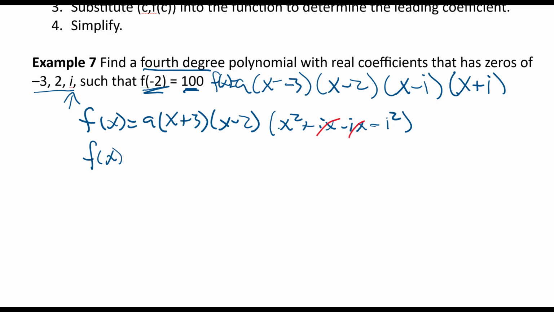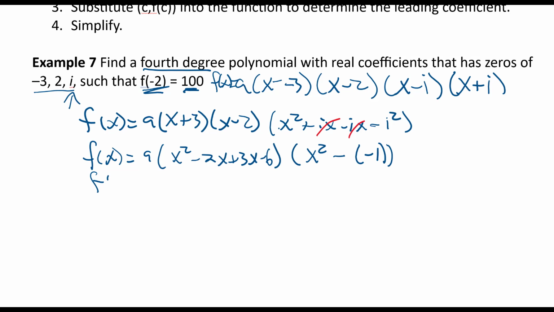So f of x equals a times, I'll multiply this out. We have x times x is x squared, minus 2x plus 3x minus 6. Then we have x squared minus i squared, and i squared is negative 1. So f of x is a times x squared plus x minus 6 times x squared plus 1.